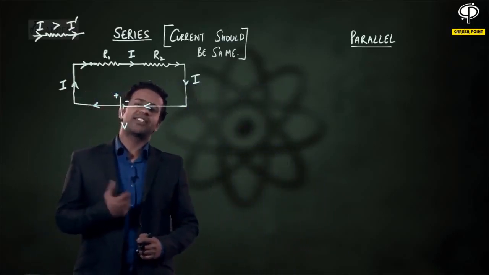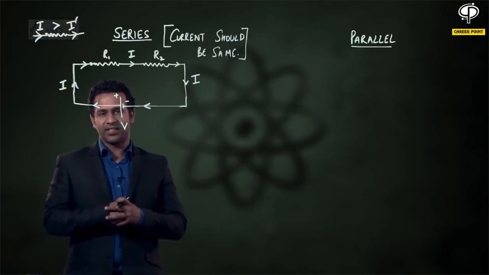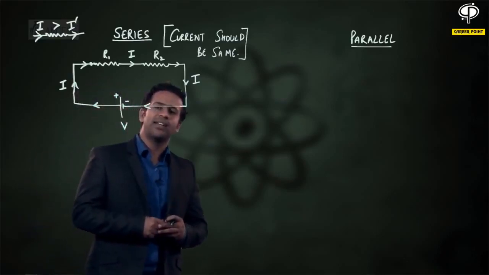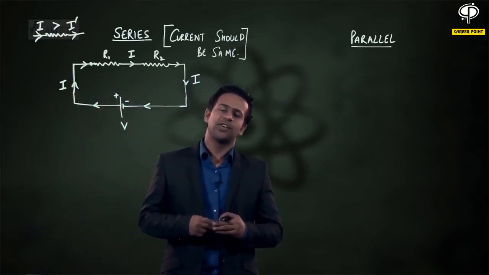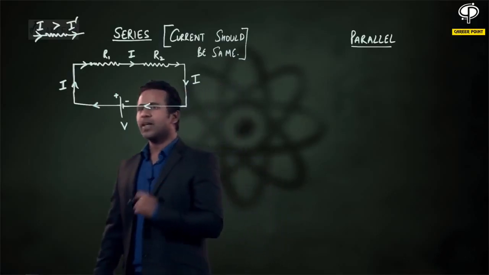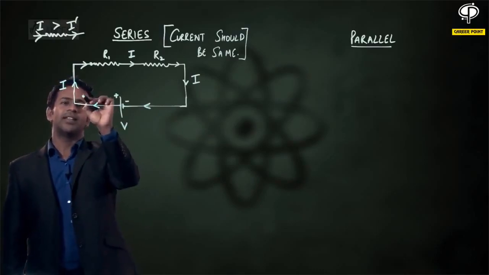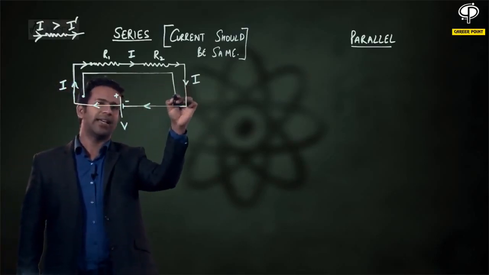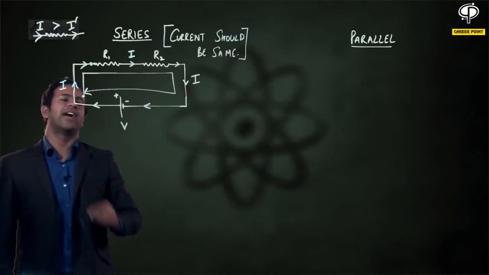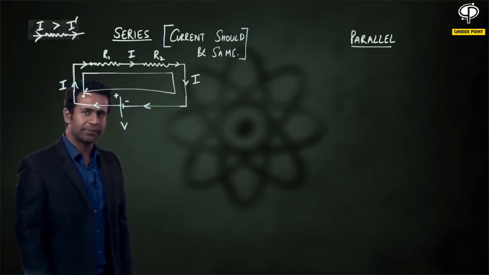Now, let's try to find the equivalent resistance. To do that, we will use Kirchhoff's voltage law. Right. So let's say we are starting from this corner, then we will go in a loop like this and finally return to the original point.